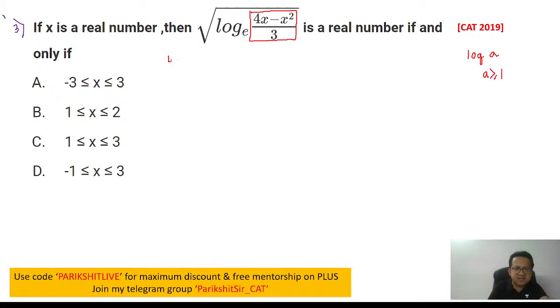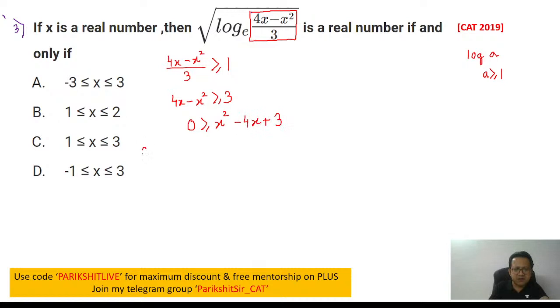This part inside the red box has to be minimum 1, so it is 1 or more than 1. Only then it's a real number. Otherwise, it's not even defined. So I think it's simple. You can simply cross multiply and solve this. Let's make x square positive. So x square minus 4x plus 3.